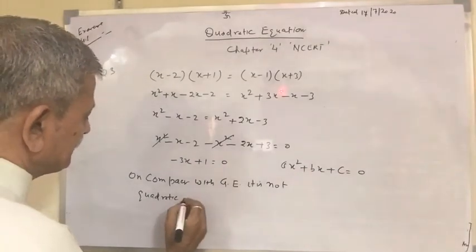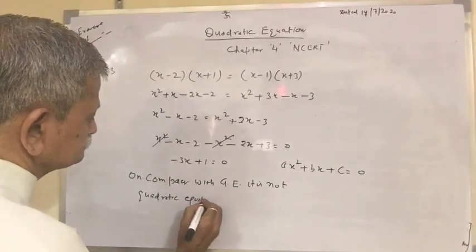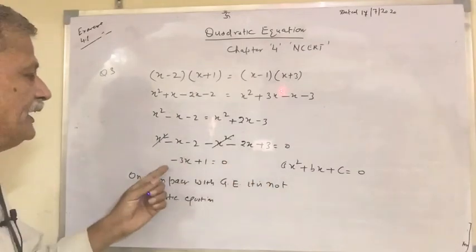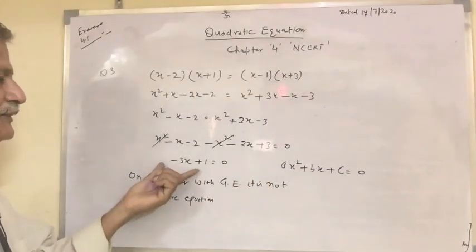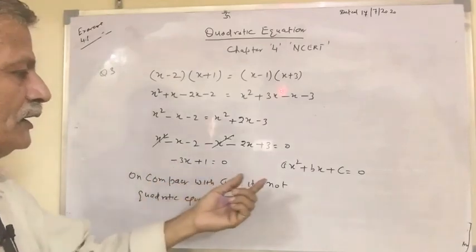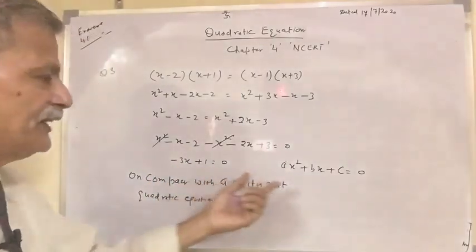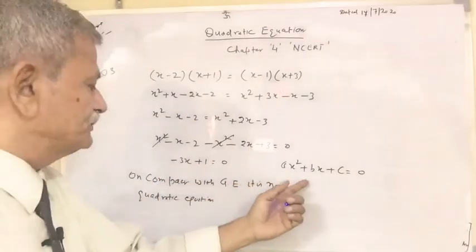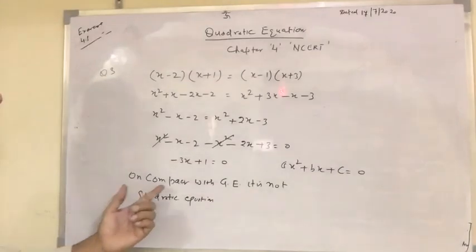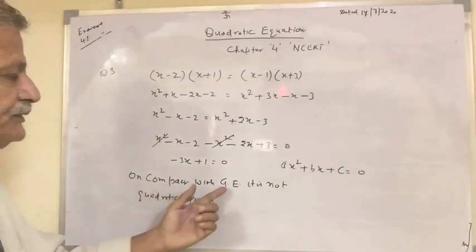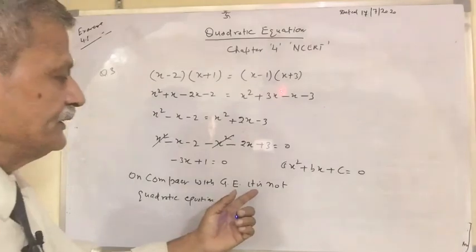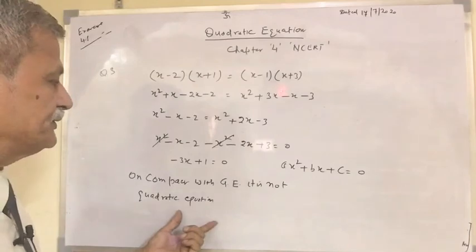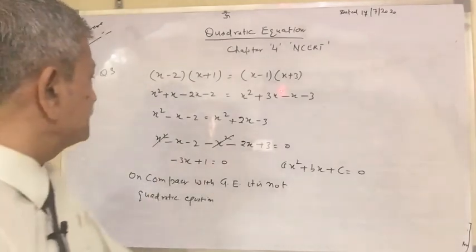It is not a quadratic equation, because you have already seen here a is 0. So our assumption is a is not to be 0. So in this case, you cannot write this equation in this form. So on comparison with the general equation, it is not a quadratic equation. So this is the answer of question number 3.